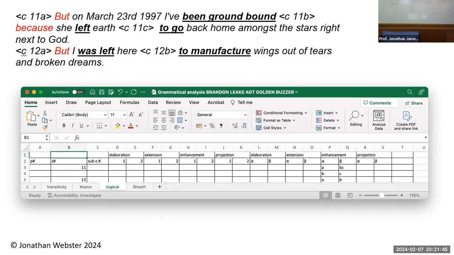All a kind of enhancement, hypotactic enhancement. We have March 23rd, 1997, ground bound because she left Earth to go back home amongst the stars right next to God. Okay.